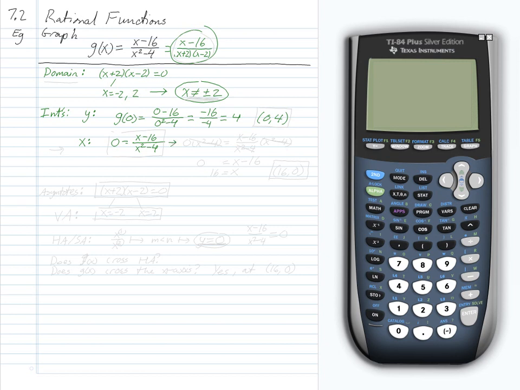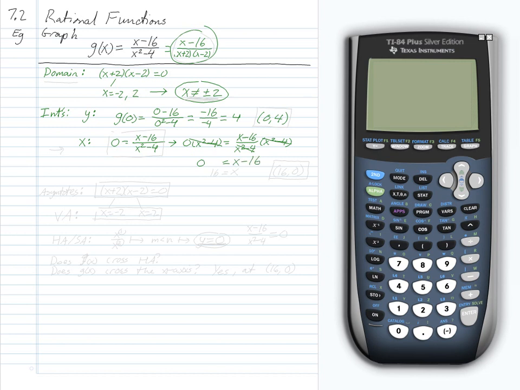The way that I would solve this would be to multiply both sides by the denominator, so 0 times x squared minus 4 equals x minus 16 over x squared minus 4 times x squared minus 4, and we see these cancel out. And on the left-hand side, I'm multiplying a bunch of stuff by 0, so 0 equals x minus 16.